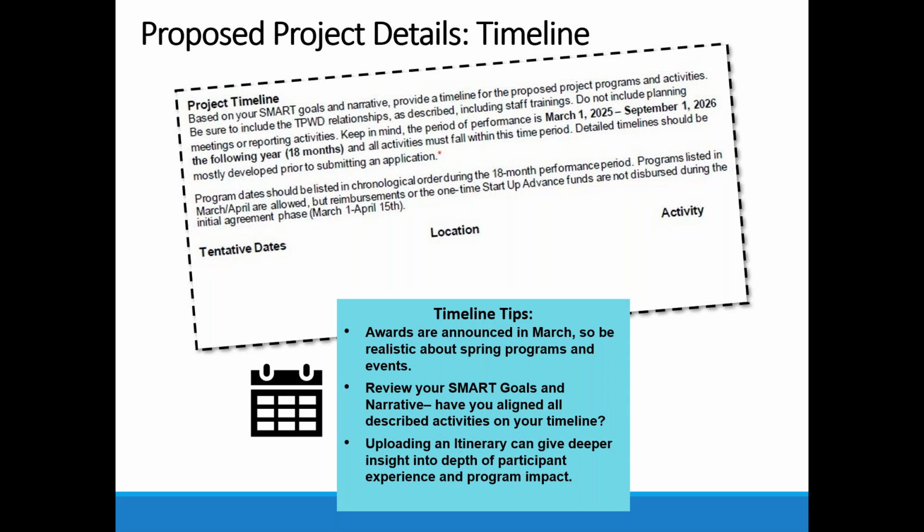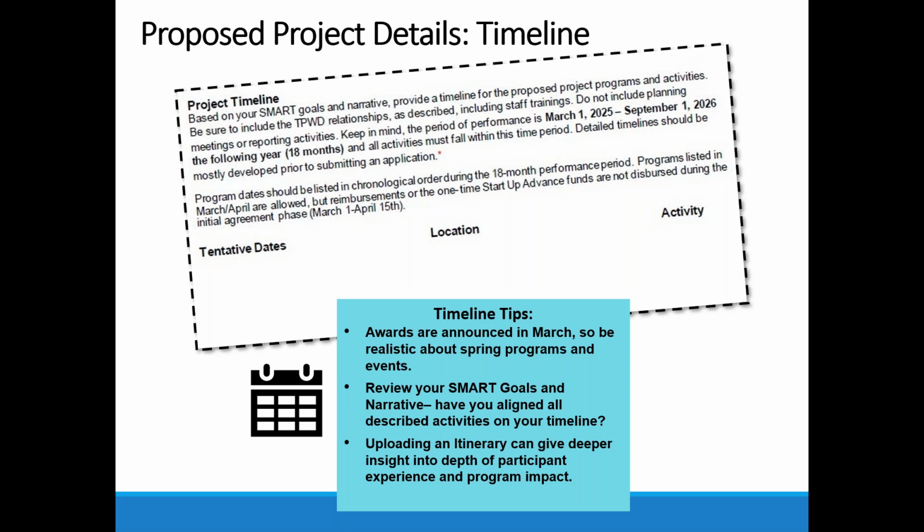If you are planning projects that happen in March, it's really important to be realistic about spring programs and events. Remember that our grant agreements, all that administrative paperwork that we require from you, can take up to 30 days.